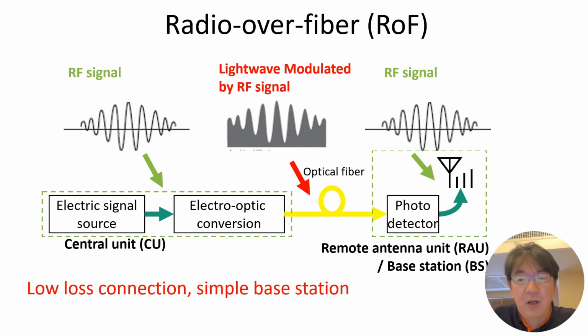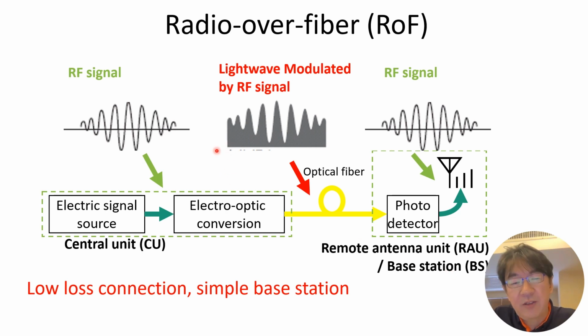To offer high performance radio services, we have to install many remote antenna units and base stations. In order to offer such services, we have to configure high performance optical networks which connect the remote antenna unit and the base stations effectively.